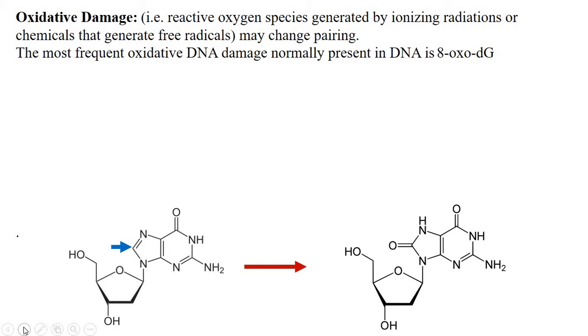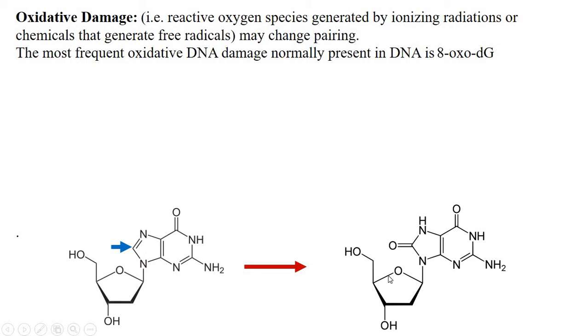The most frequent oxidative DNA damage that happens is the formation of 8-oxo-dG, or 8-oxo-deoxyguanosine. You can see here, this is the guanine molecule.